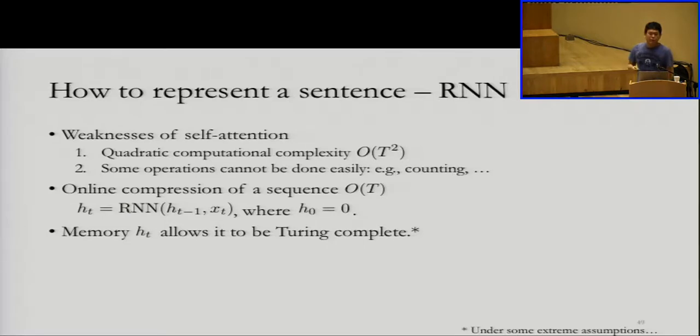And it only takes linear time with respect to the length of the sequence, unlike the self-attention. And having this memory, in fact, you can show, with a lot of assumptions and very elaborate constructions, that the recurrent neural net is essentially just a digital computer.